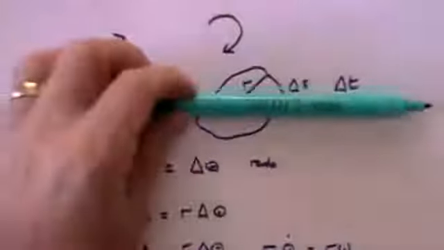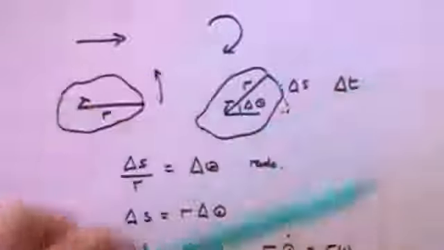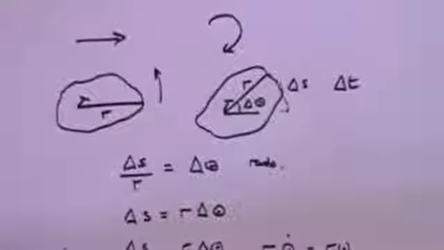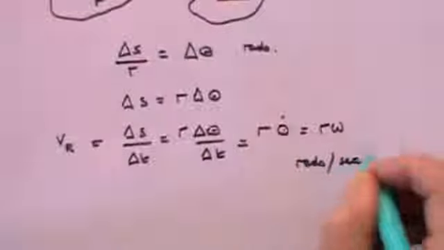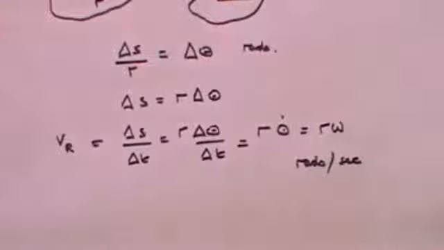It's the rate at which the angle is swept out as we move the object round. And omega is measured in radians per second. So velocity, of course, is metres per second. Omega, the angular velocity, is measured in radians per second.